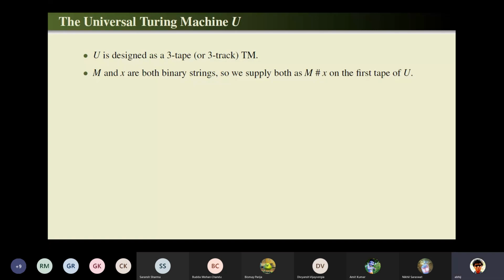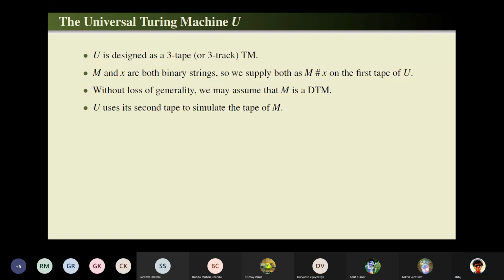So essentially this is the exe file, and when you run M, you get the input from this part. For the moment, we can assume that M is a deterministic Turing machine. If it is a non-deterministic Turing machine, I can always convert it to an equivalent deterministic Turing machine and work on that.